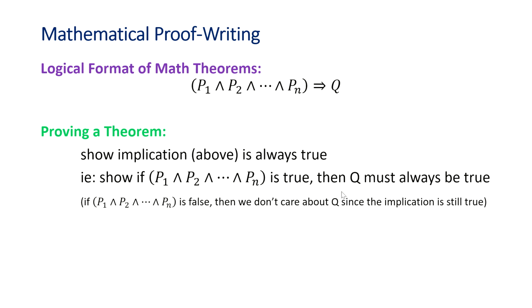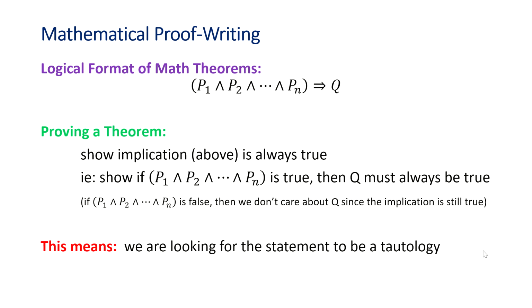If you start off in a false location for the if part of your implication statement, then it doesn't matter if the then part is true or false, the entire implication is still always true. What that means for us is if we're trying to show that the above implication is always true, the only case we are worried about is what happens if the if part of your statement is true and the then part of your statement is false. So we're eliminating that one line on our truth table for implication.